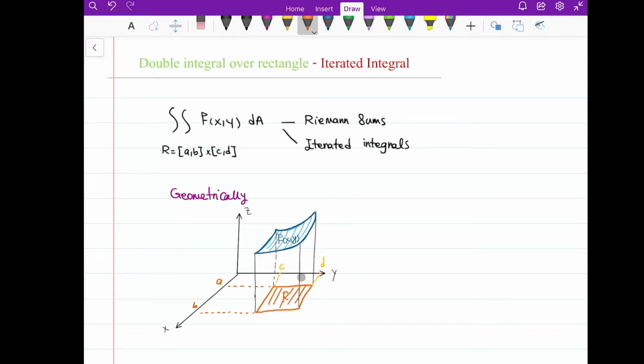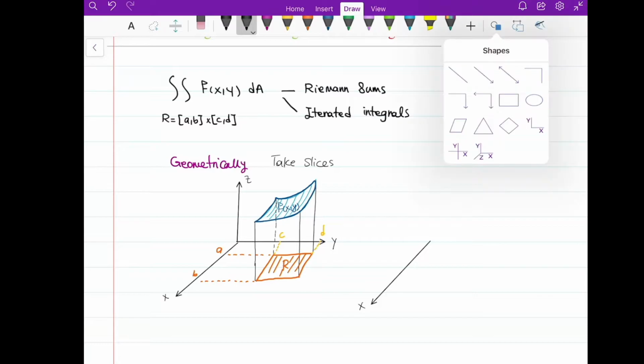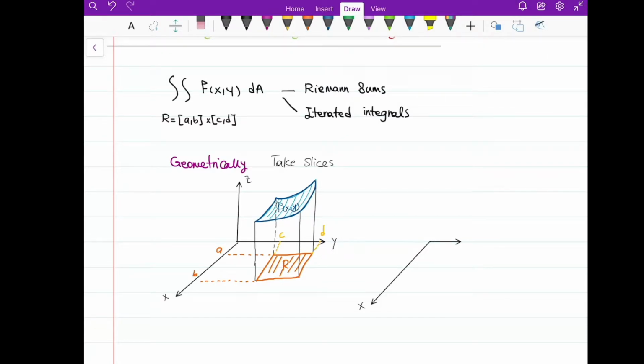So using the iterated integrals, I'm gonna take slices. But how am I gonna do that? I'm gonna have another graph. I know it's gonna take long, but I think it's important that we visually understand what's going on.